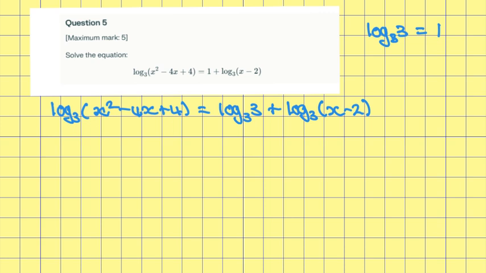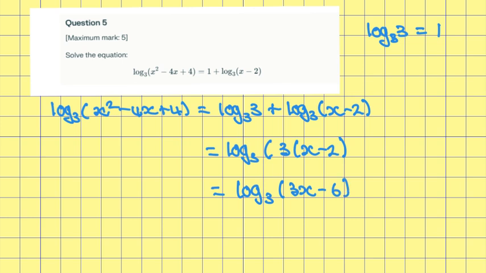So therefore, on the right hand side, we've got log base 3 of 3 times (x − 2), which is equal to log₃(3x − 6). On the left hand side, we have still got log to the base 3 of x² − 4x + 4.